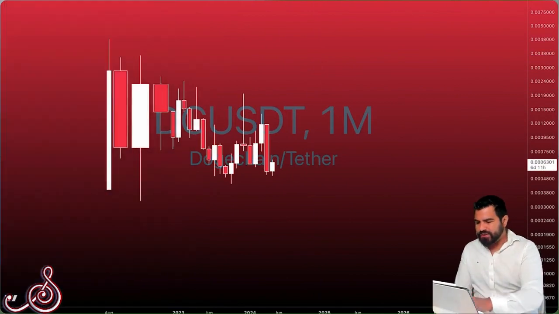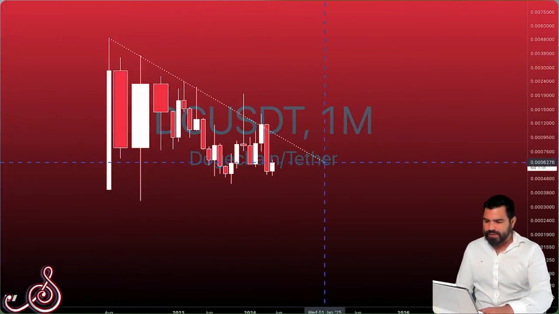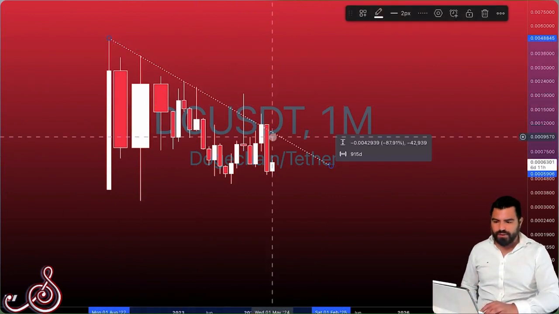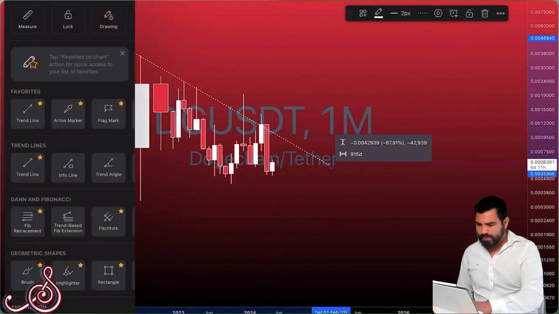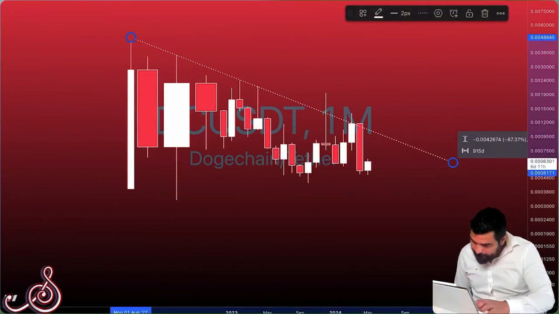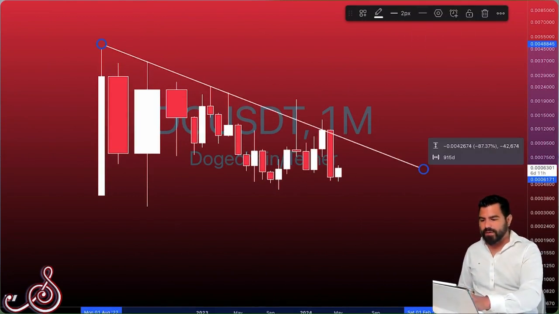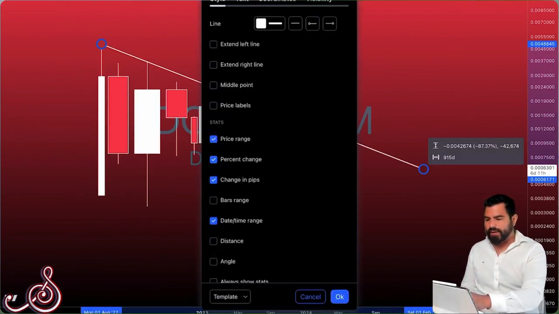All right, I believe there's a true angle based on the wick side for this one. We got wick core. Should be a hair higher. Yep. So this is going to be the monthly true key angle.